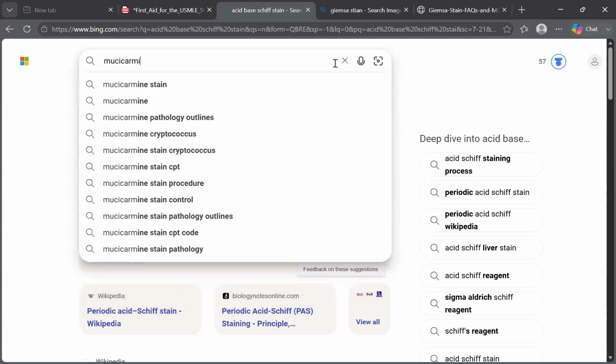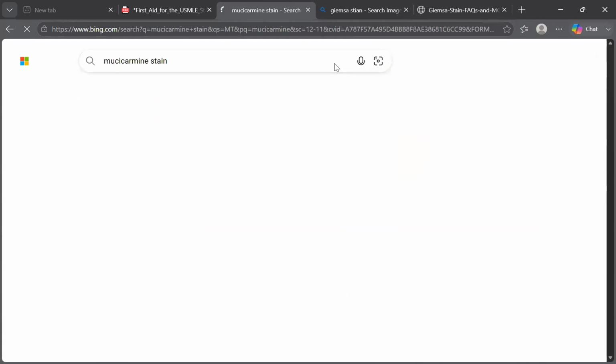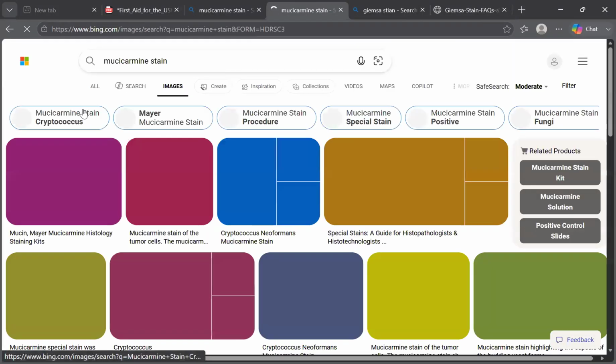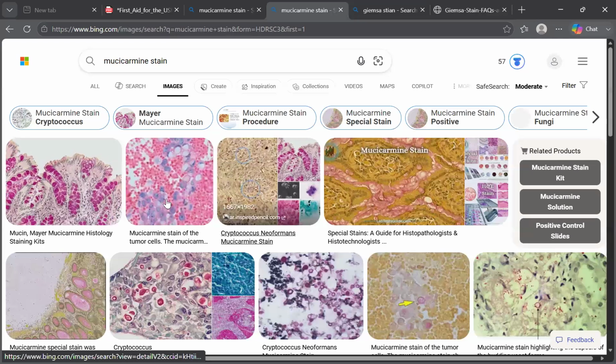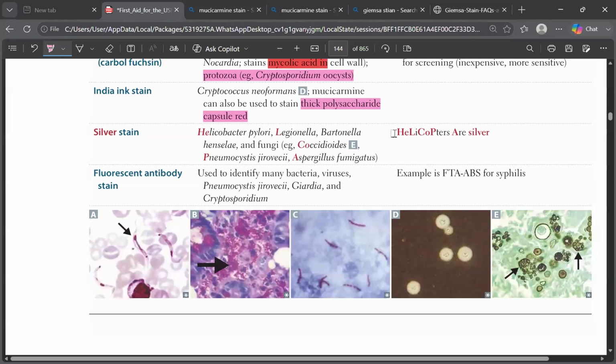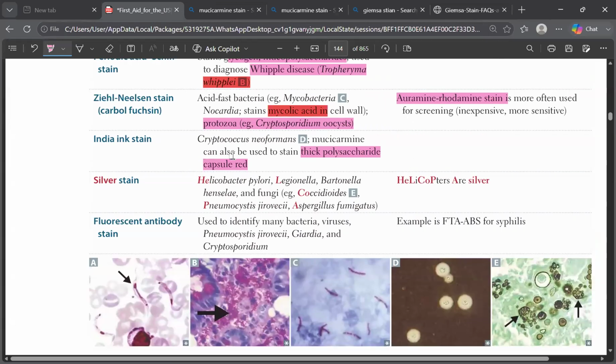Mucicarmine stain. Yeah. It is a histological technique used to detect acid mucins in tissues and in the capsule of certain fungi, producing a pink-red coloration. There it is, this pink-red color, and they are saying that mucicarmine is used to stain thick polysaccharide capsules red.